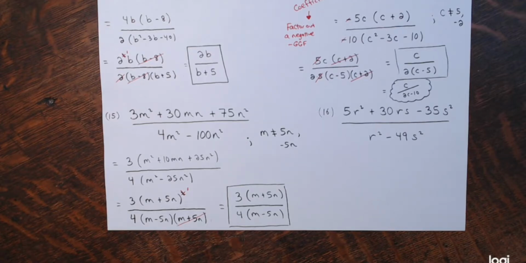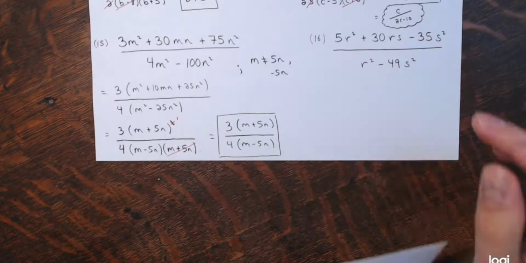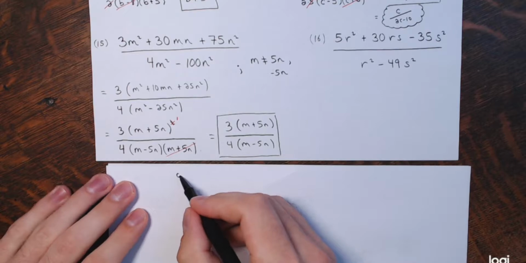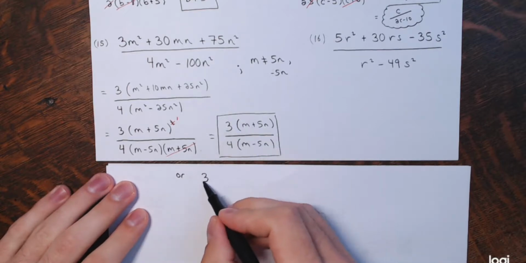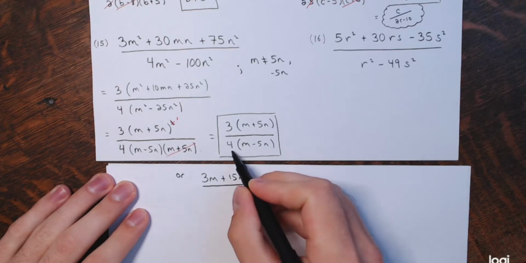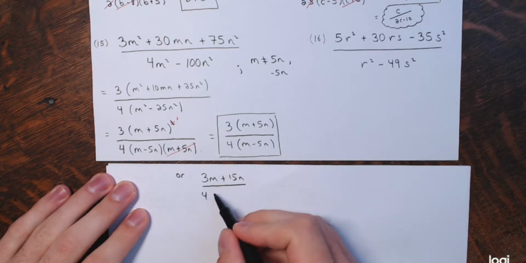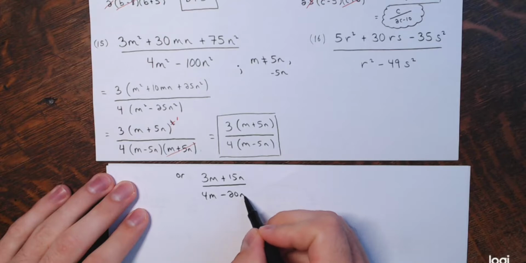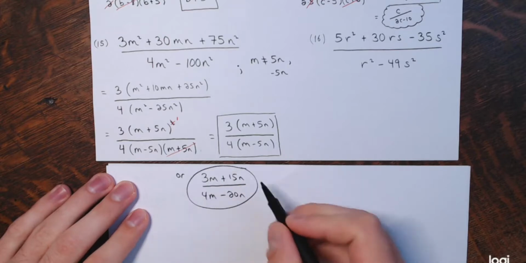Once again, though, you could also just multiply it out. There's nothing wrong with this either. You could distribute the 3 up top, say 3m plus 15n, and then distribute the 4 on the bottom, 4m minus 20n. That would also be the same.